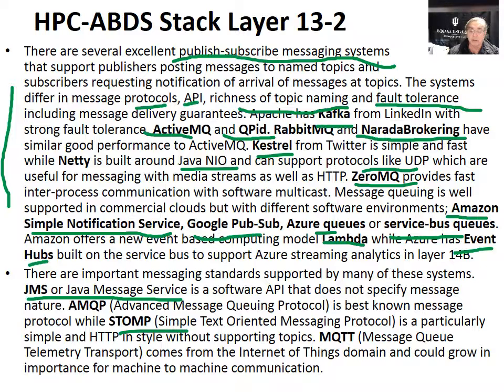And MQTT comes from the Internet of Things domain and could grow in importance because it's designed to do machine-to-machine communication, build intelligent machines and things like that. An area which is called the Industrial Internet of Things, which is of dramatic importance.